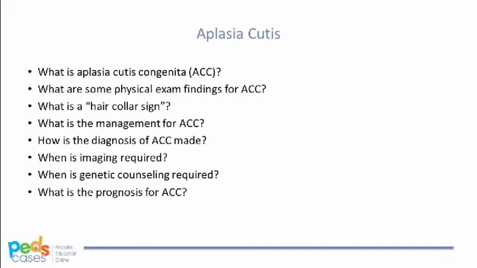But if there is a hair collar sign, midline defect, or other palpable bumps or lumps underlying the Aplasia Cutis congenita, this is when we consider imaging for deeper embryologic defects affecting the bone, vasculature, or soft tissues. Also, consider genetic counseling for the parents if additional anomalies are found on imaging.